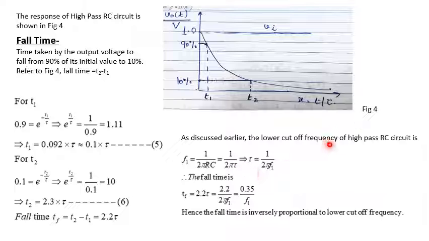This is a property or characteristic of high pass RC circuit, and this term depends upon the constant values of the resistance and the value of capacitance. So this lower cutoff frequency is an inherent characteristic property of the high pass RC circuit.